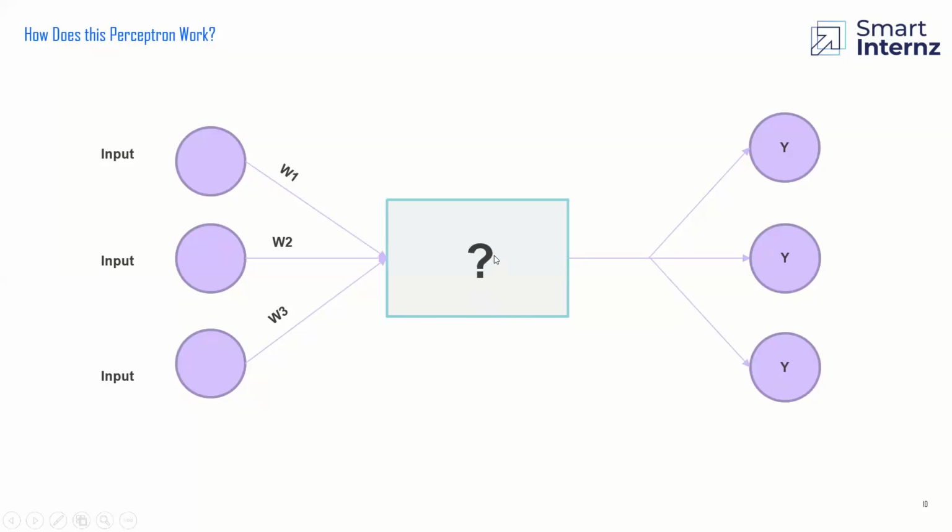This I am talking about. What exactly is it? It is a summation function. A summation function is an addition of input 1 multiplied by weight 1, plus input 2 times weight 2, up to input n and weight n.